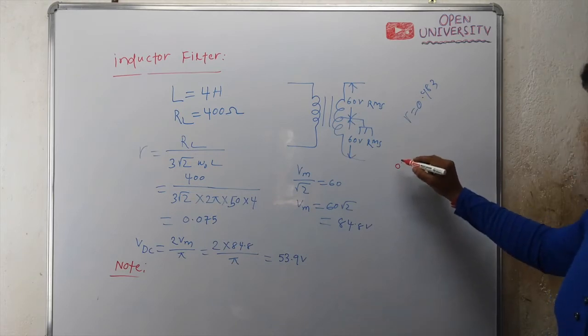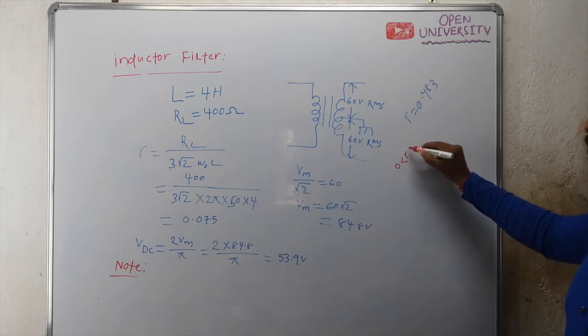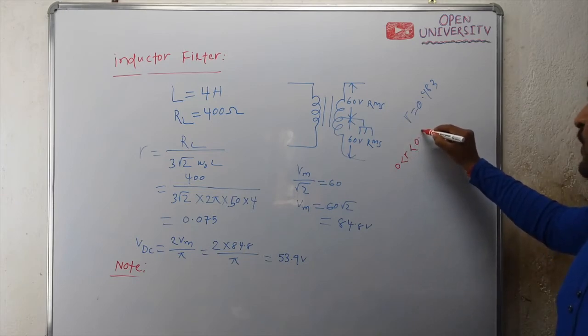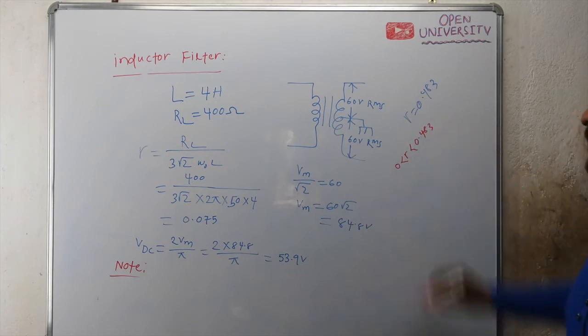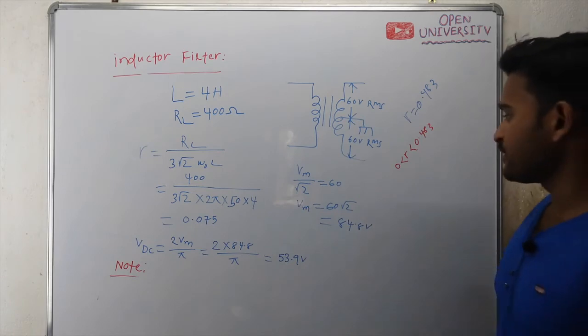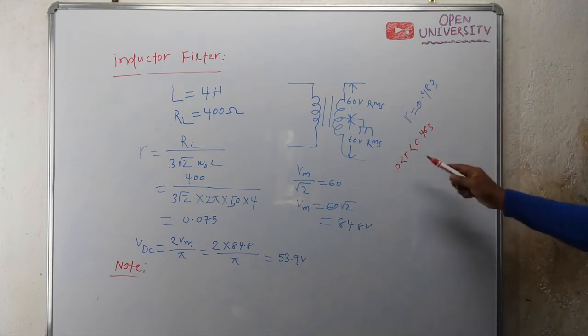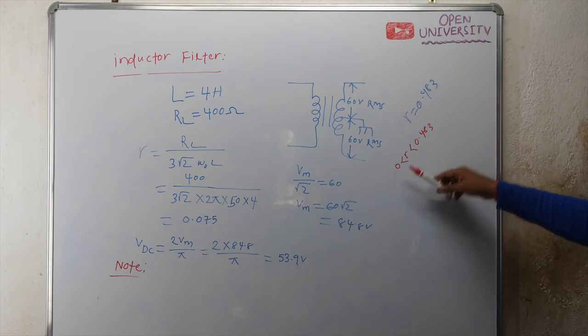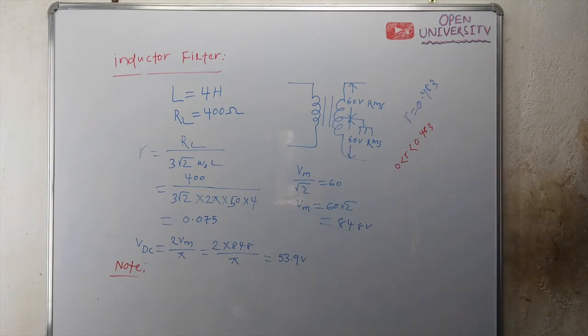Not 0 point, lies in the range 0 to 0.483. Full wave rectifier with any filter, the ripple factor lies somewhere between 0 and 0.483.